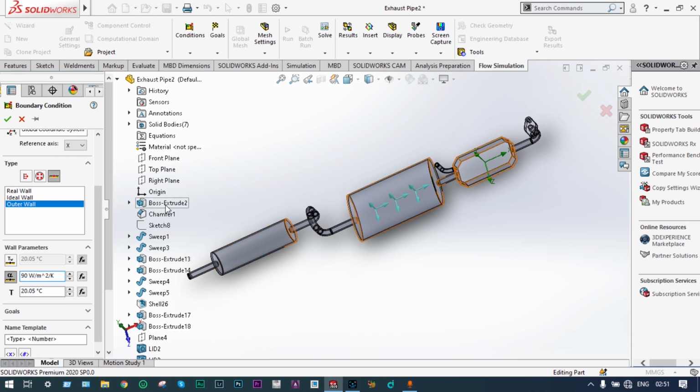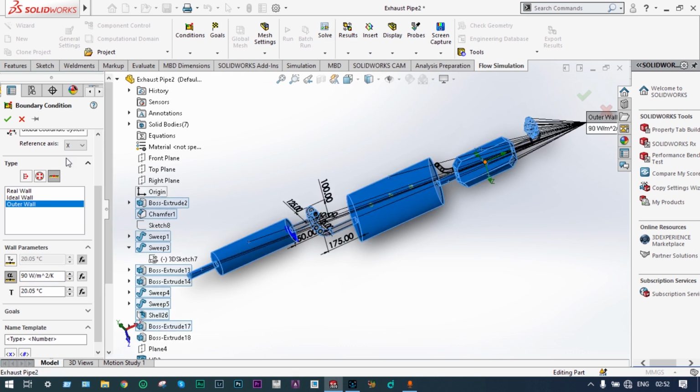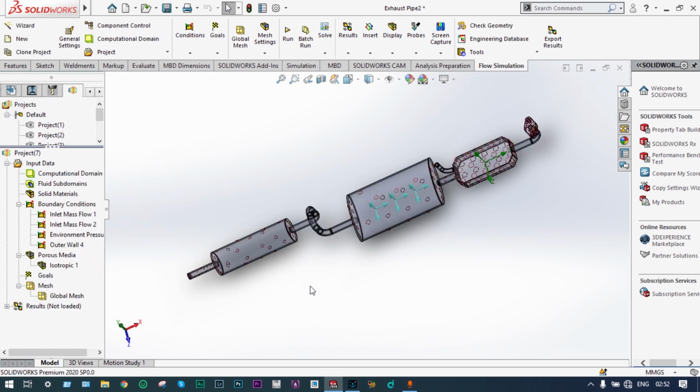So we can select the walls from the geometry itself. So all the model is selected. We have applied the last boundary conditions, that is wall conditions. Wall will transfer heat at a rate of 90 watt per meter square degree Kelvin by convection. All the boundary conditions have been applied.